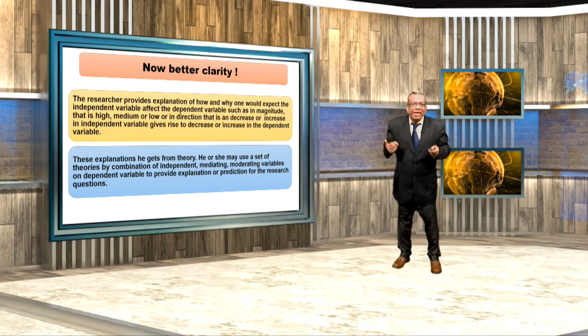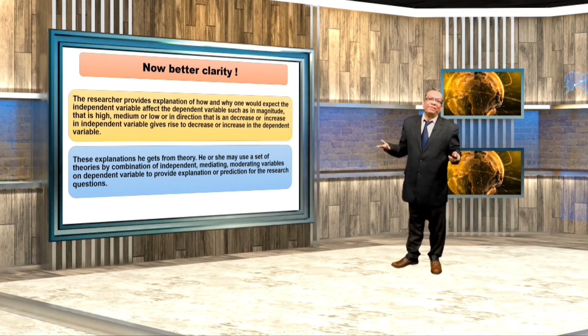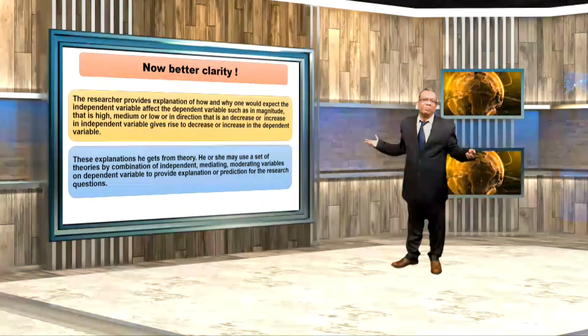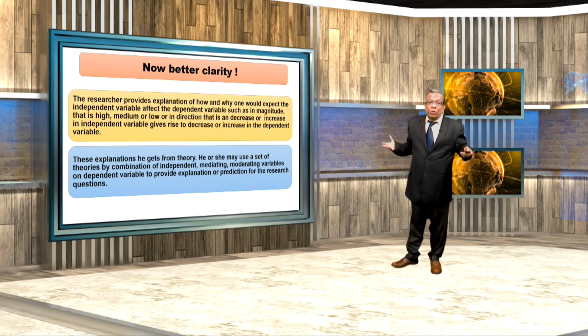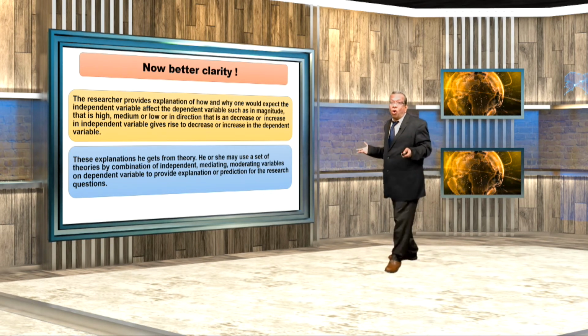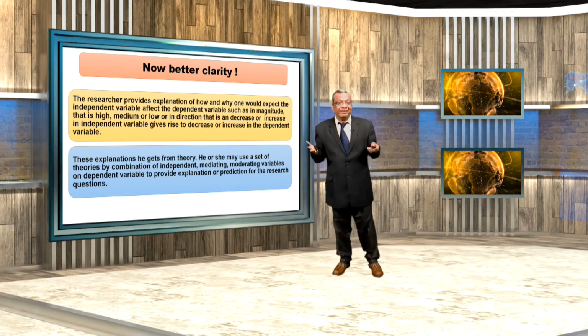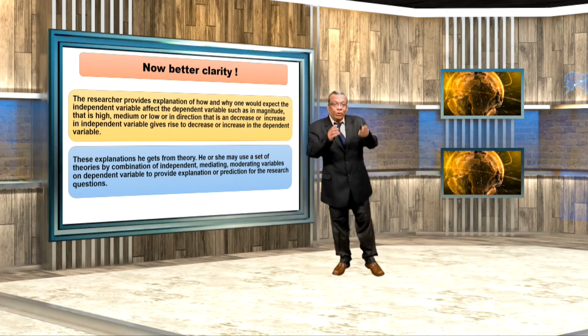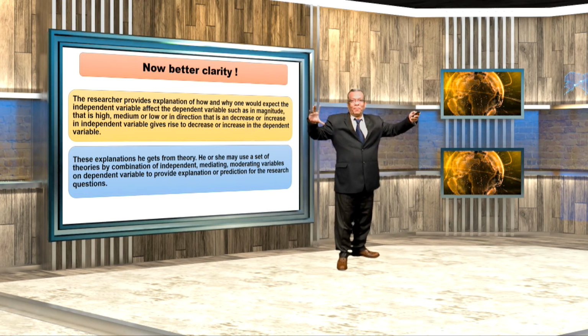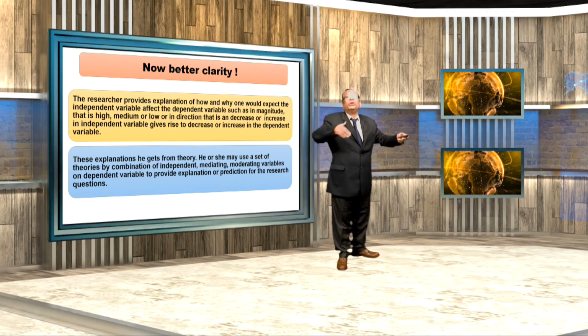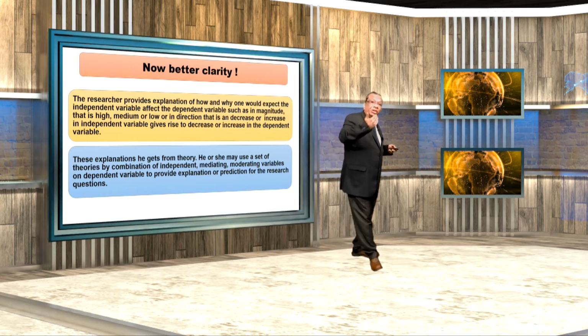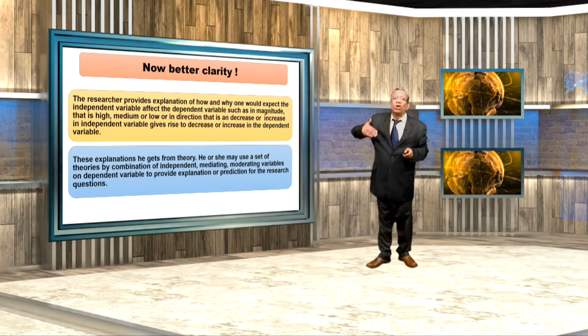He or she may use a set of theories or a combination of independent, mediating, moderating variables or dependent variables to provide explanation or prediction for the research questions. You have a rough map with you, but this map is not the final map. You need to test this particular model so that people can use this model in order to predict or get the results they want.